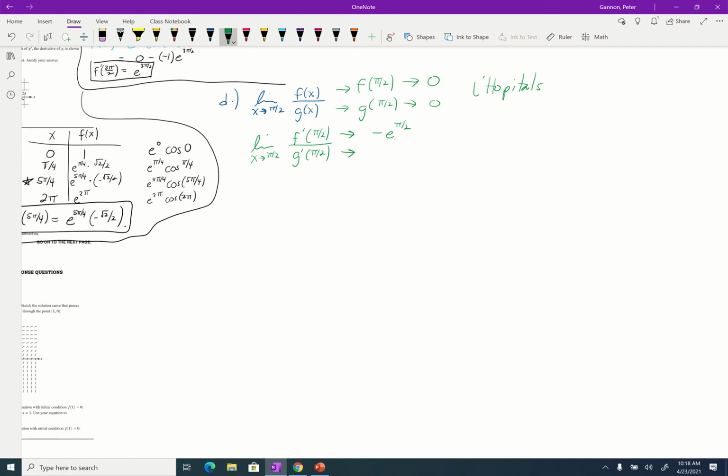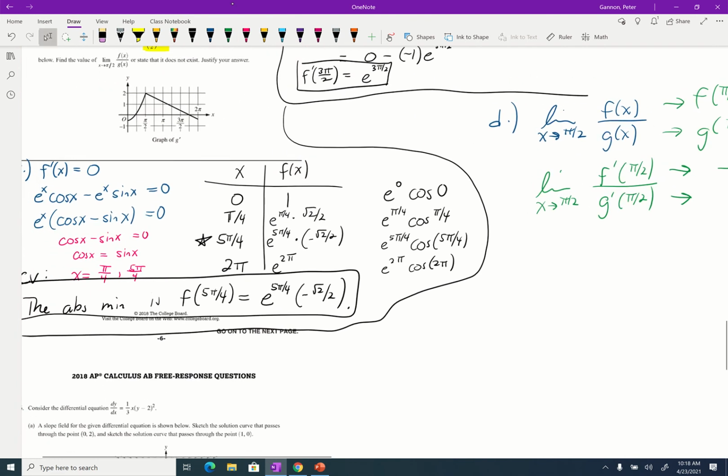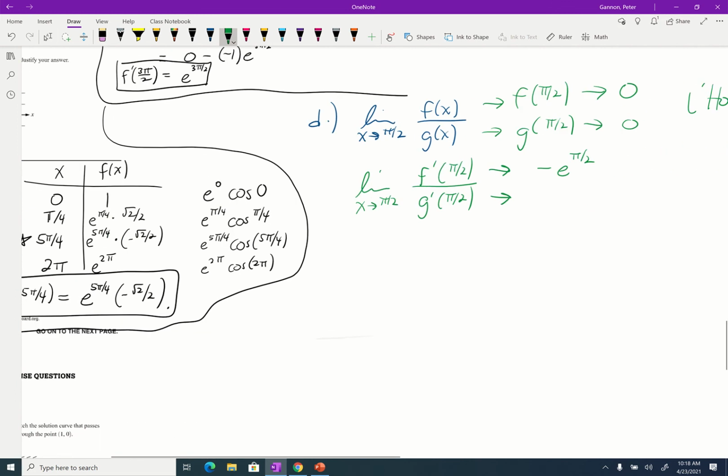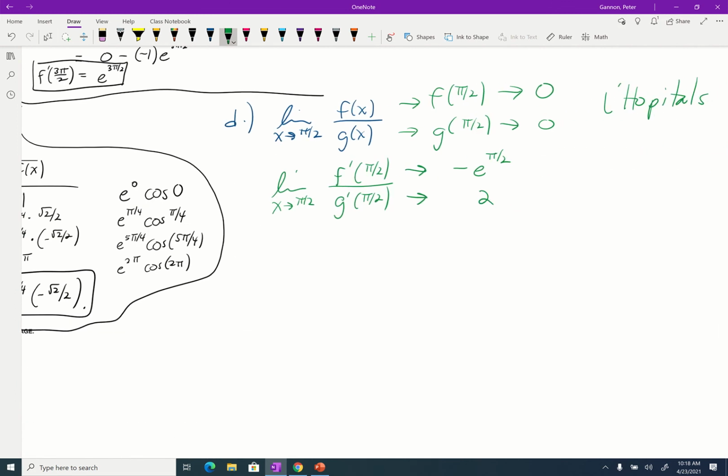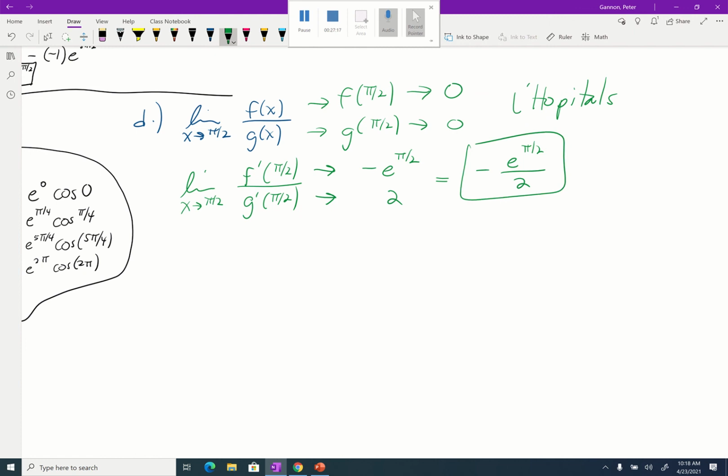And then for g prime of pi over 2, well, here is the graph of g prime. Here's pi over 2, so it's 2. So therefore, the limit is going to be negative e to the pi over 2 divided by 2, and that would be your answer.